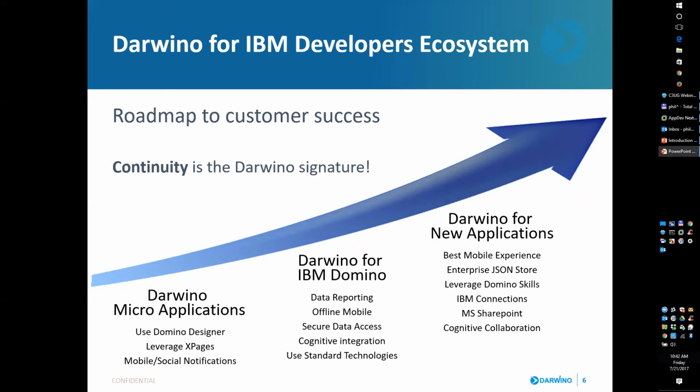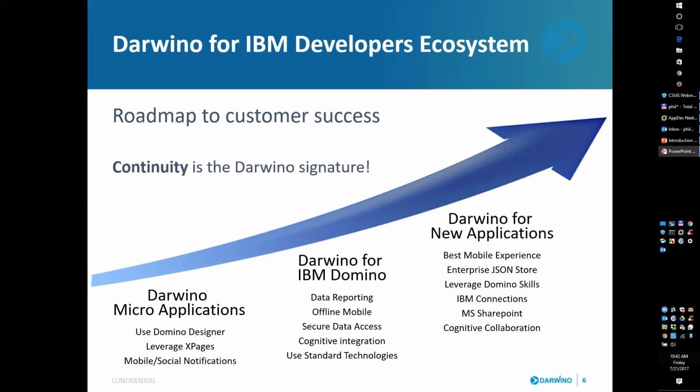And finally, you can use Darwino as a complete application development platform, even without the use of IBM Domino. And we have a deep integration with the IBM platform beyond Domino. So we integrate with IBM Connections, whether it's IBM Connections Cloud or IBM Connections on premises. We integrate with the Watson services.